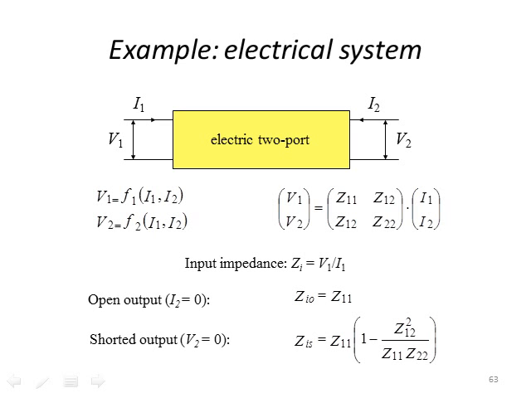We know the input impedance. If we want to determine the coupling coefficient between these, then we use this general method where we open the output, set I2 equal to 0, and then we solve for this impedance Z_I open, which is equal to Z11. Then we short the output, we make V2 equal to 0, and then we get this Z_I short equal to this expression of the impedances.